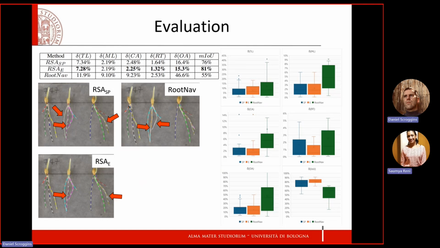However, the proposed approach is not error-free, as evidenced in the image, where there are some missing roots, and this shown here is one of the simpler images. The more complex ones are difficult to analyze even manually.